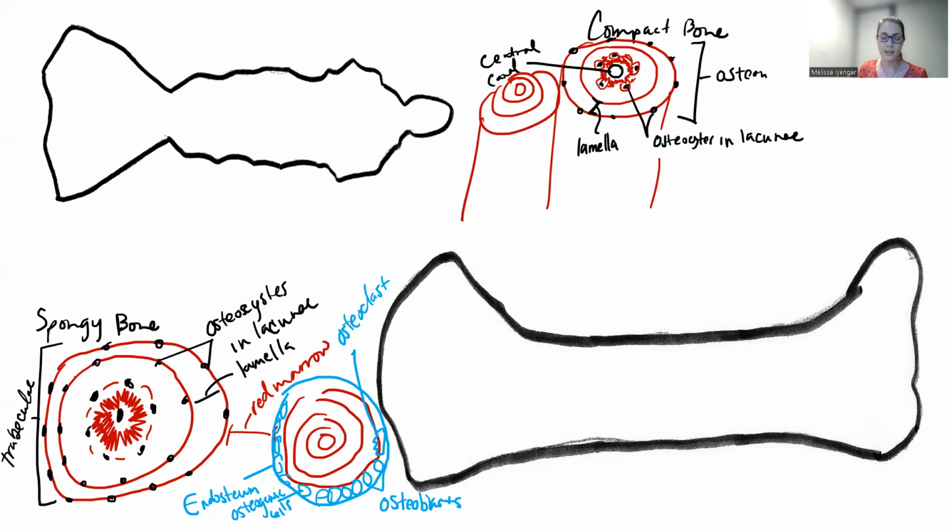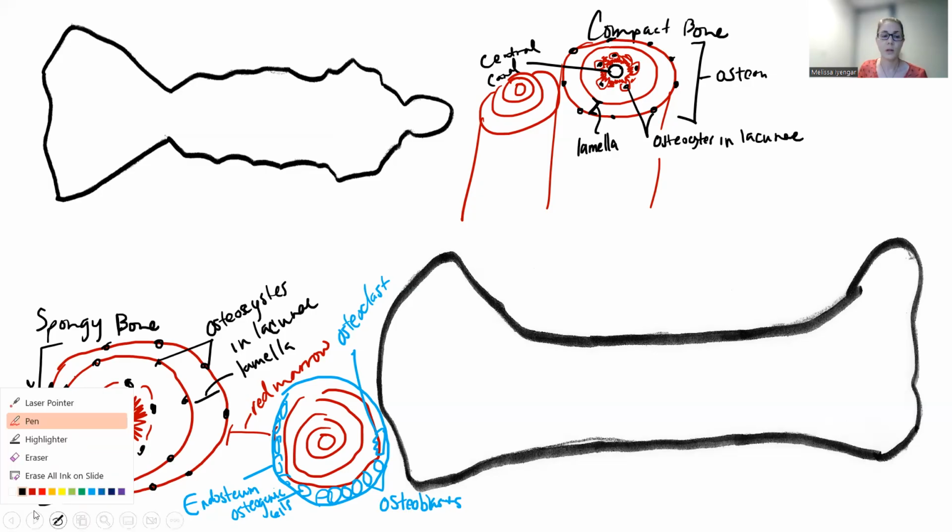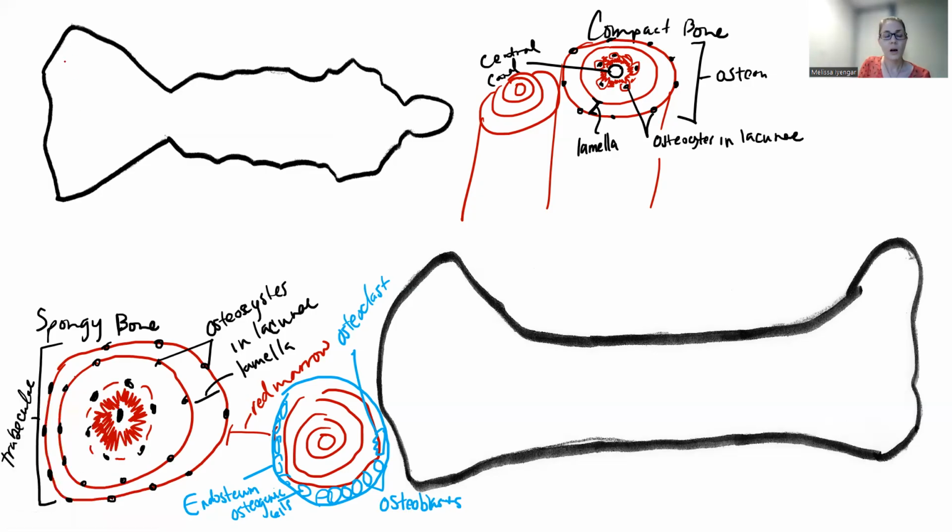What you should see is that based on long bone versus a flat bone, we're going to have different areas where we're going to find compact bone and spongy bone. So for my compact bone, it's always going to be on the outermost layer. So just imagine for the sternum, I took a frontal section and I'm looking at the inside of the bone.